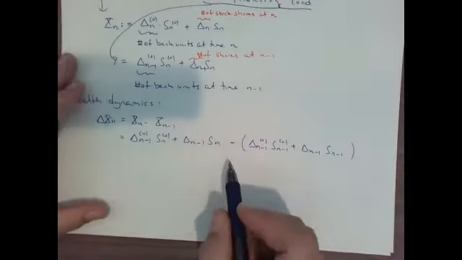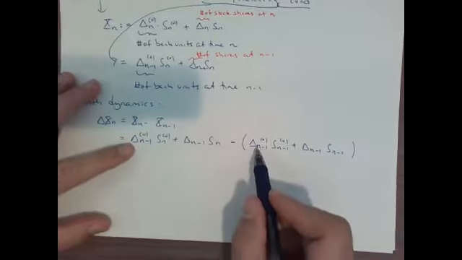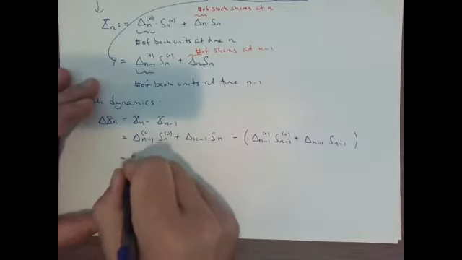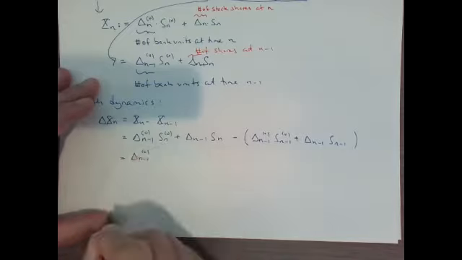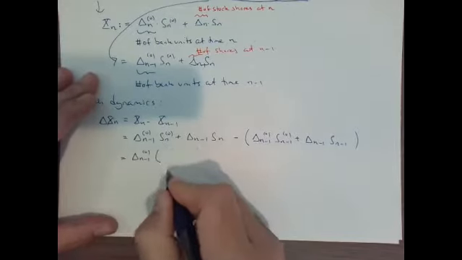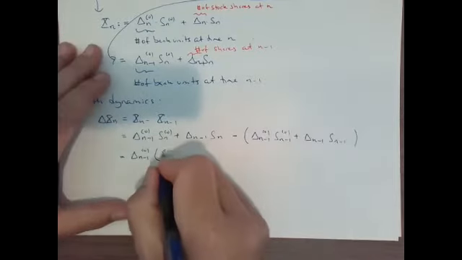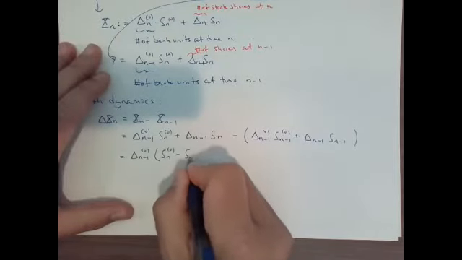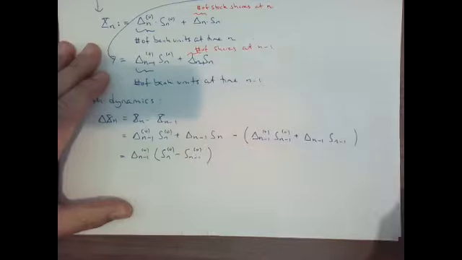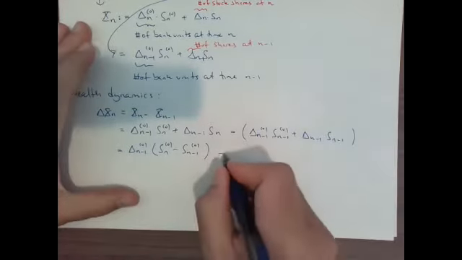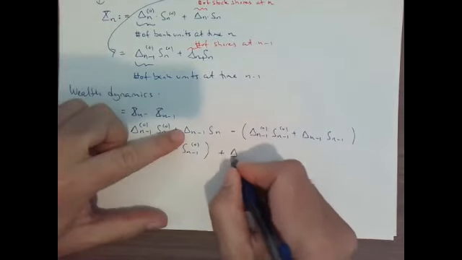So then I can combine. I can find a common factor. This can be combined into delta n minus 1 at time 0 times the difference in the bank account value, Sn 0 minus Sn minus 1, 0. Plus, I'll do the same thing for the stock.